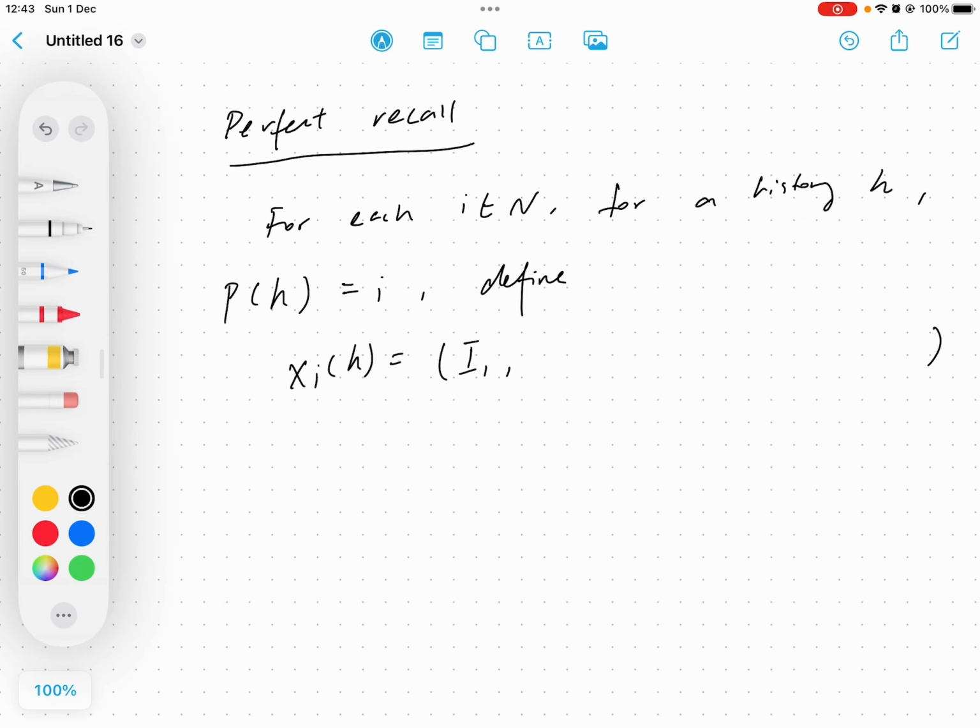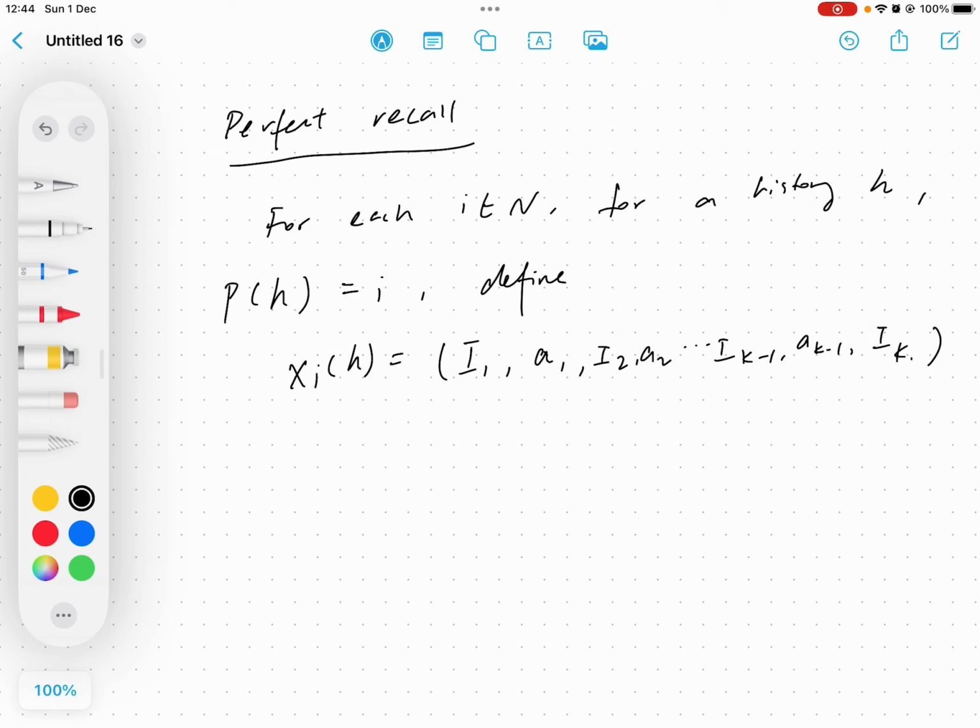We have information set I1 and then the action from player I after that. So this would be action A1, then I2, A2, and so on, up to IK minus 1, AK minus 1, and the final element would be IK.